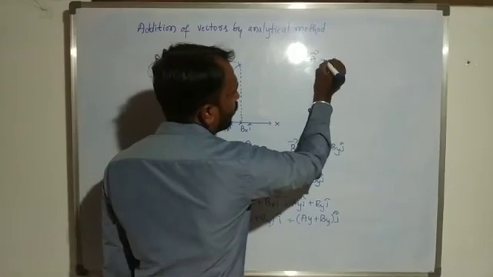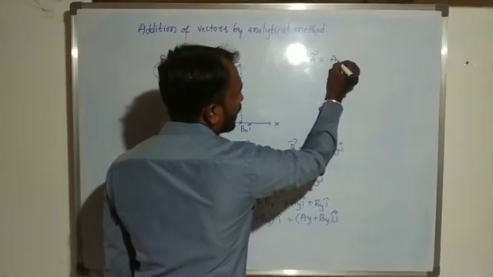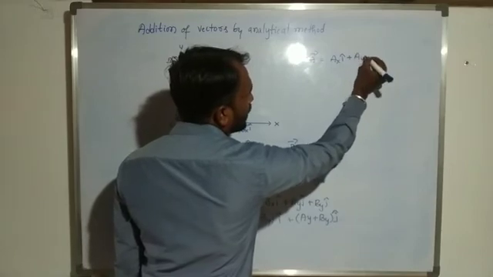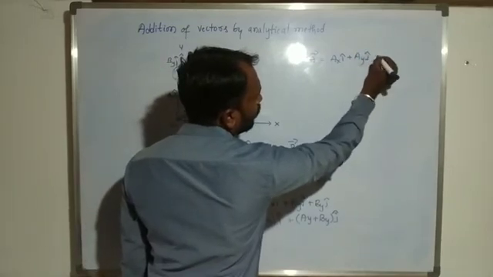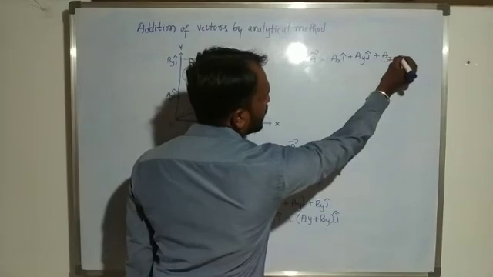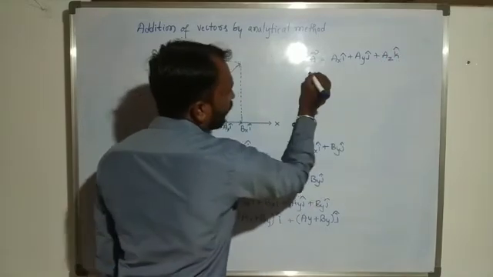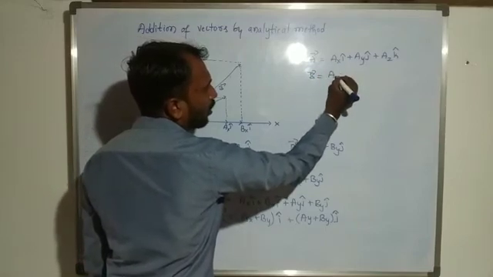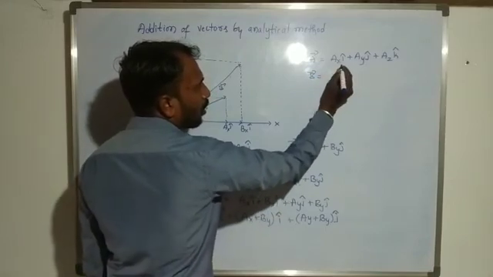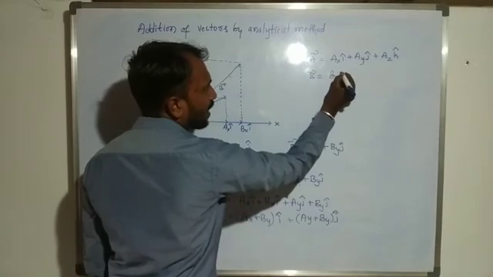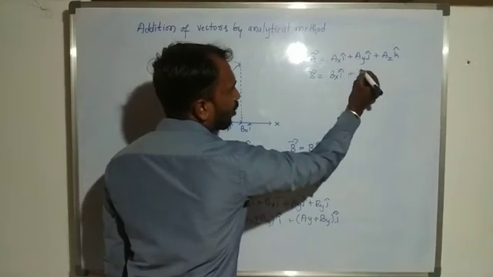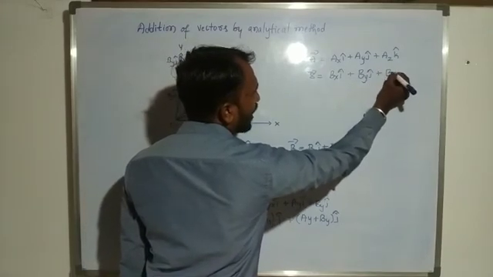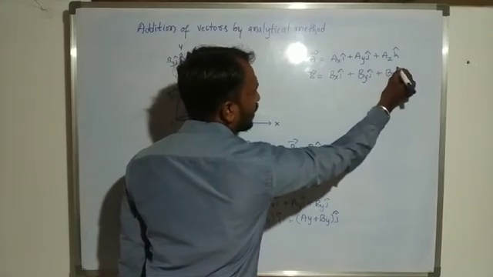Vector A is equal to the component along the x-axis plus the component along the y-axis plus the component along the z-axis, and for vector B, the component along the x-axis is Bx i cap, plus the component along the y-axis By j cap, plus the component along the z-axis, which is Bz k cap.